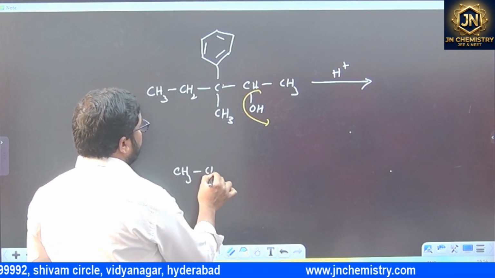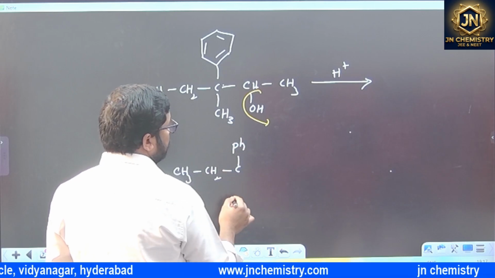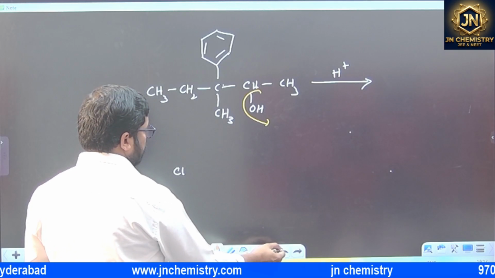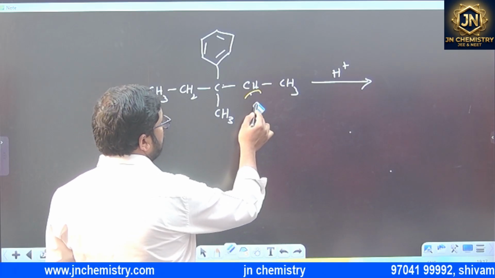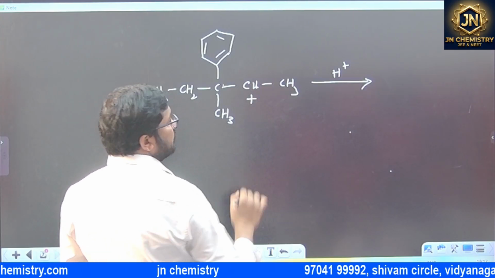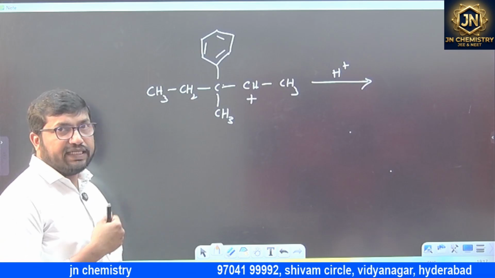CH3, CH2, C. I'm just writing the phenyl group here itself. So here the carbocation is forming, right? Now the thing is, either a phenyl shift or a methyl shift.